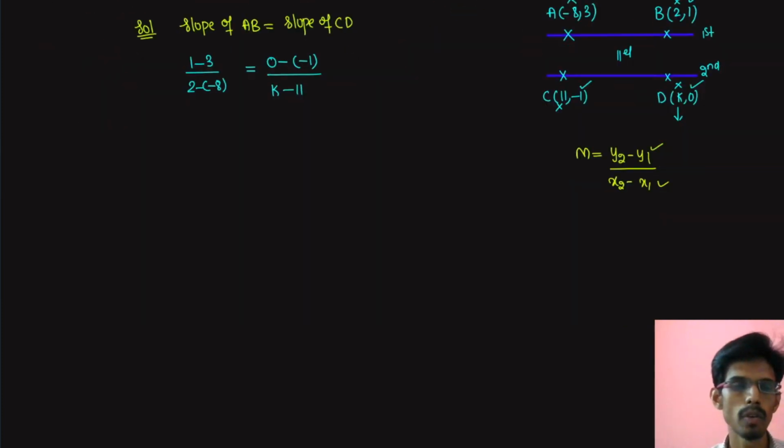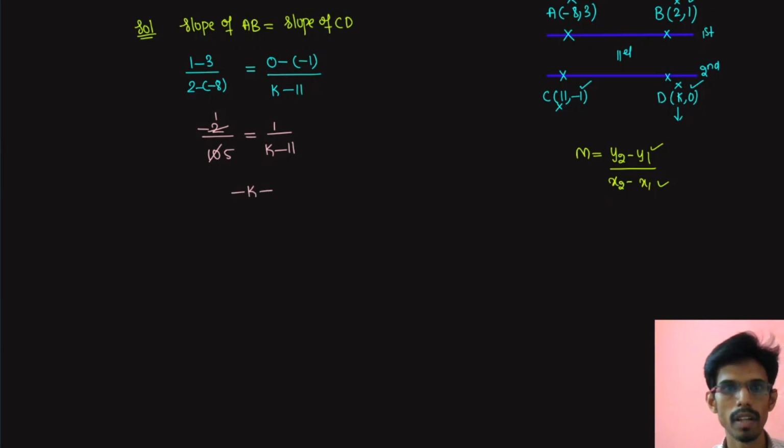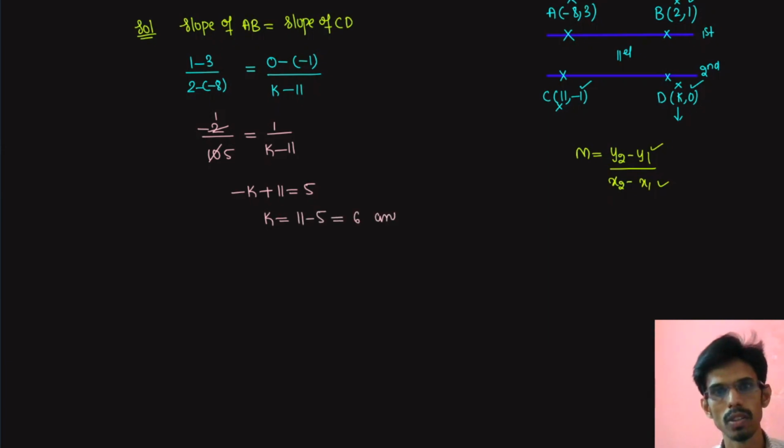Now 1 minus 3 is minus 2 upon 10, equal to 1 upon k minus 11. Two ones are 2, two fives are 10. Now cross multiply: minus k plus 11 is equal to 5. So the value of k will be 11 minus 5, that is 6. So we get the value of k.